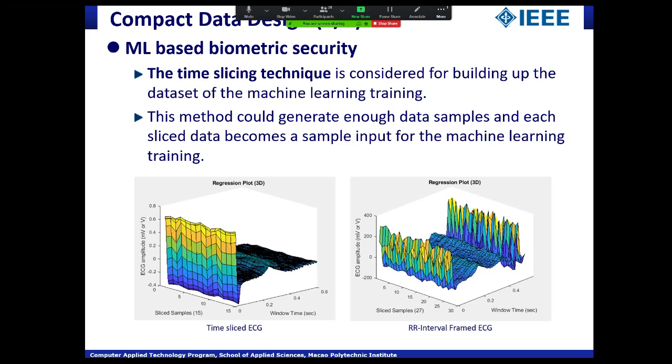For instance, you use ECG authentication to enter a gate. Think about that. To measure the data, you take a couple of minutes. It's really long compared to tagging your ID or your fingerprint, which takes just a couple of seconds. So in those use cases, it takes quite a bit longer.